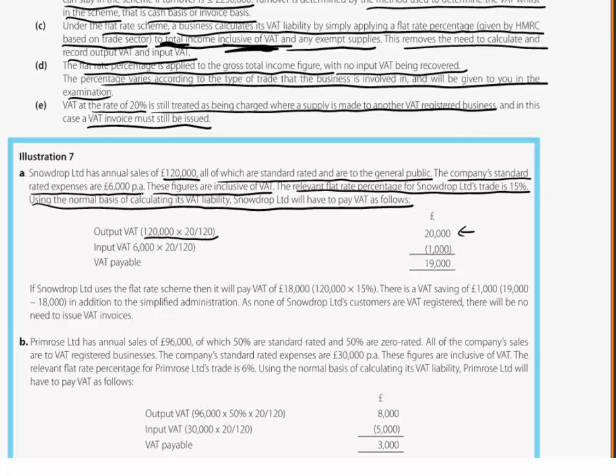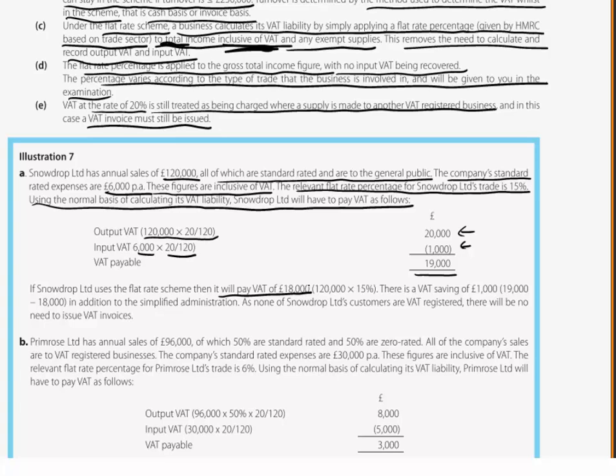Input VAT, again based on a VAT inclusive figure of £6,000 per annum in relation to our expenses, 20 over 120 of 6,000, £1,000. So the overall amount of VAT payable, 19,000, would be what would be paid on the normal system. If Snowdrop uses the flat rate scheme, then it will pay VAT of 18,000.